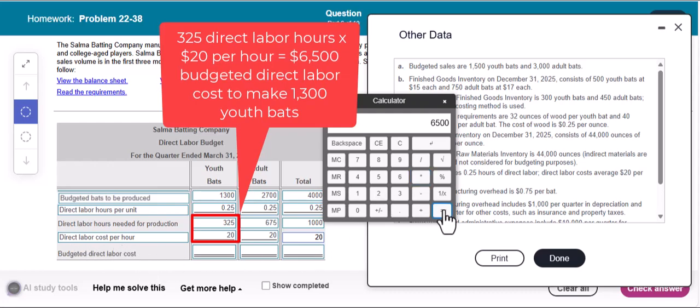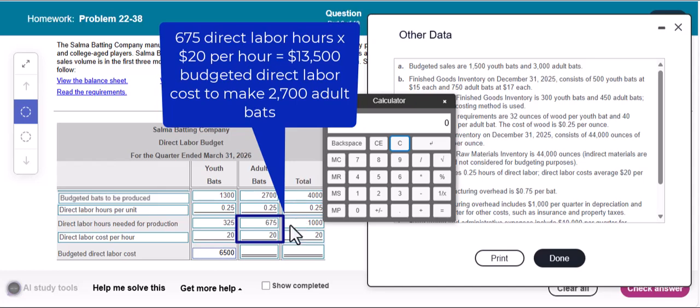That gives us 6,500. Then we repeat the process for the adult bats. We take the 675 direct labor hours and multiply that by the $20 per hour direct labor cost. So 675 times 20 gives us 13,500. So we can enter that in.